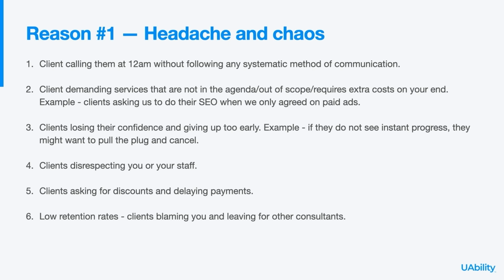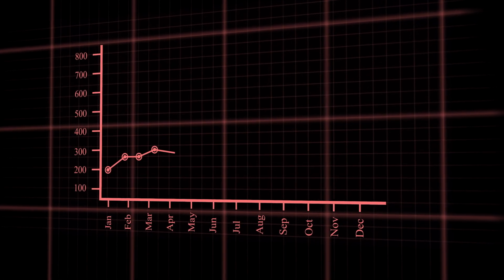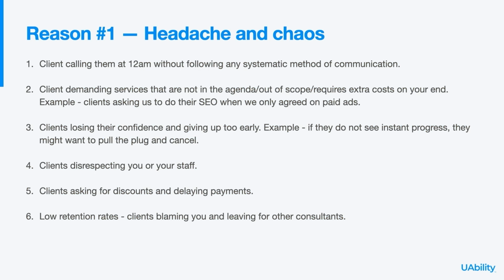Now, this is not acceptable, because at least in my field, and I'm pretty sure in any field that you are currently in, it takes time to get results. You do not get results instantly. Whether you're doing fitness, whether you're trying to do interior designing, IT services, ads, literally anything, it takes time to get results. Now, if that's the case, right, you must make that explicitly clear to your client, which I'll show you how to do. But this is one of the main issues that a lot of consultants and service providers currently face.